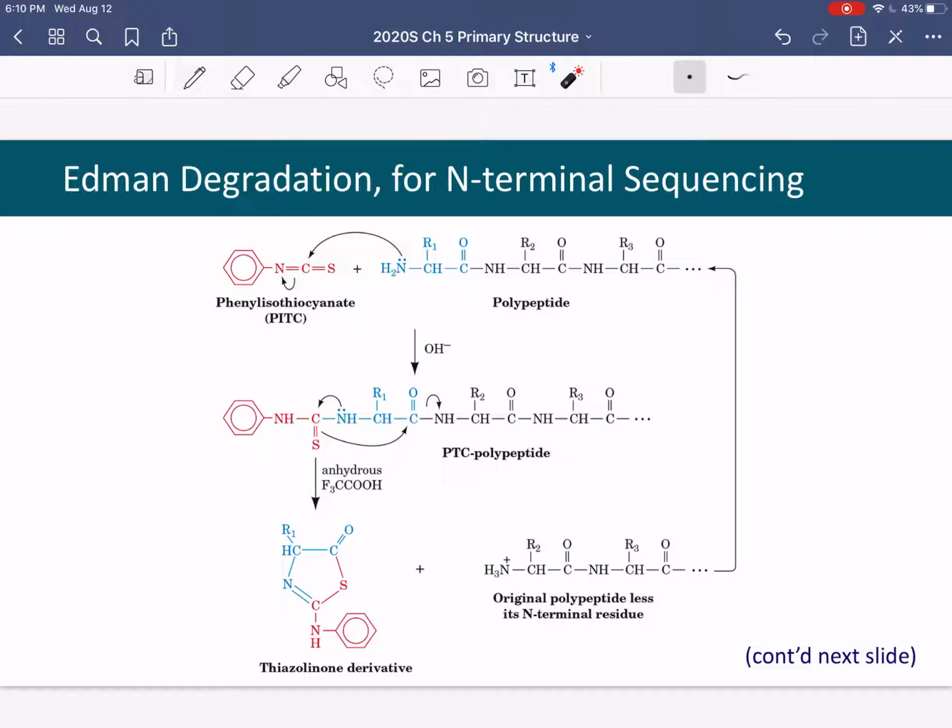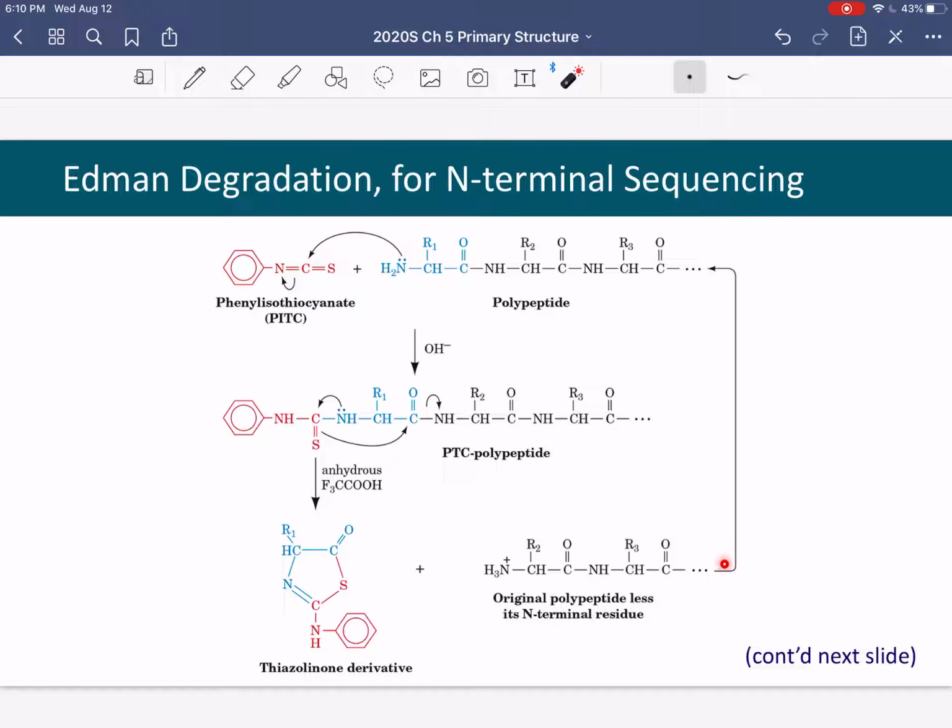isothiocyanate. And then the amino group that's part of that new covalent bond attacks the carbonyl-like sulfur-containing carbon. And then there's an anhydrous reaction that gives you a derivative, and this is not yet our final PTH derivative. And here is your other product.